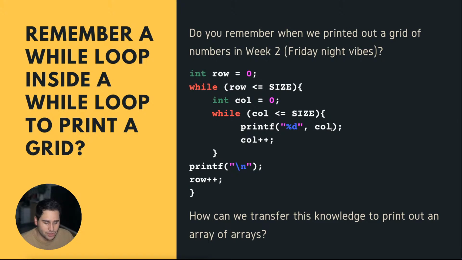You can't just do that with a 2D array, because you need to loop through, and then you need to have another loop that goes through every sub element in the subarray. Does that make sense? So you're always going to need 2 while loops to loop through the first array of arrays, and then when you get to each array, you need to loop through all of those elements in that array.